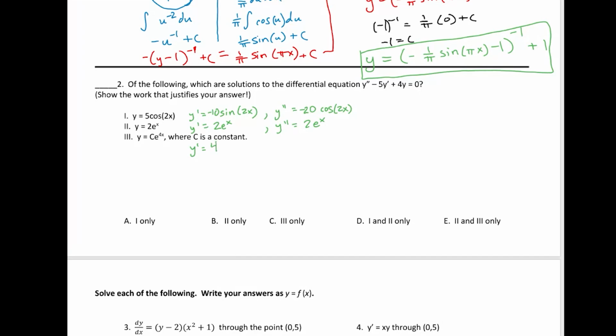So we're going to have 4c e to the 4x, and then y double prime will be 4c times, and then we're going to have another 4, so 16c e to the 4x. Okay, so now we're ready to start testing in that equation and see if when I plug in y double prime and y prime, does it equal 0?